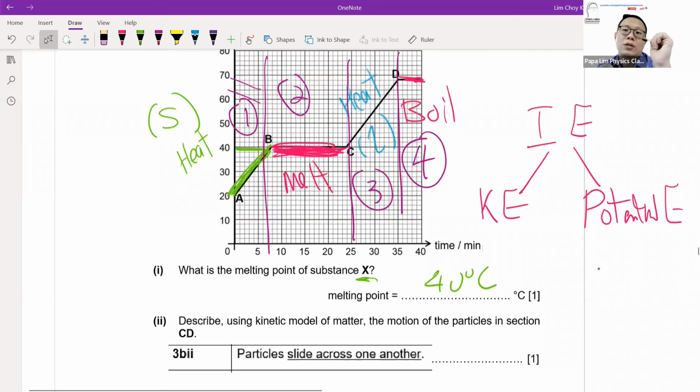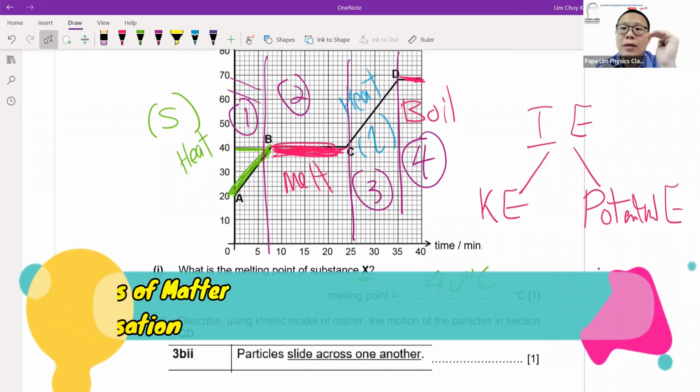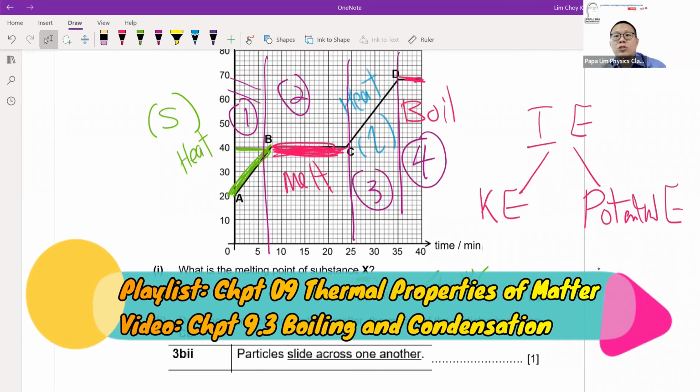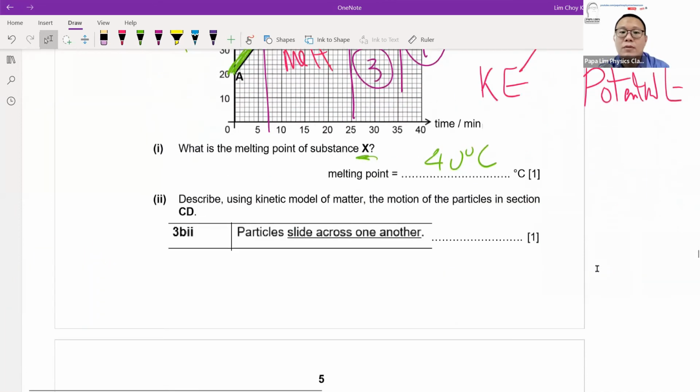At each stage, I need to write the exact behavior, the exact keywords pertaining to that stage. For example, at stage 1, I will need to talk about kinetic energy, making reference that the potential energy actually remains constant. So at each stage, there are tagging keywords, relevant keywords that have to appear to illustrate your understanding of that particular process. So take note of the keywords.